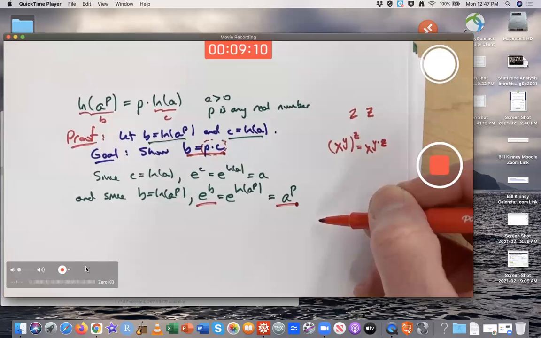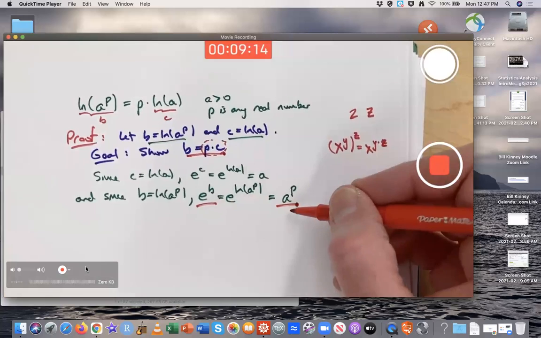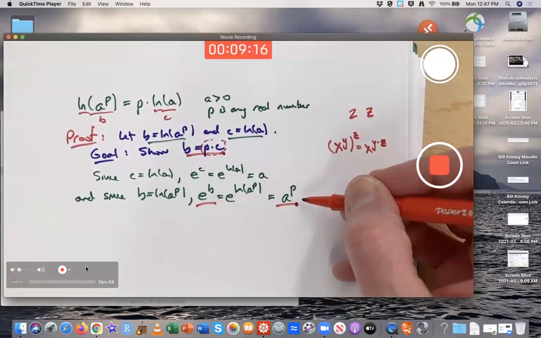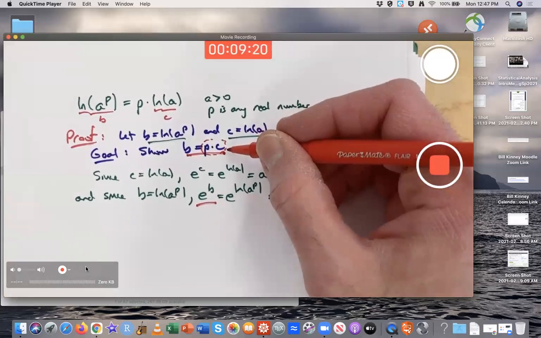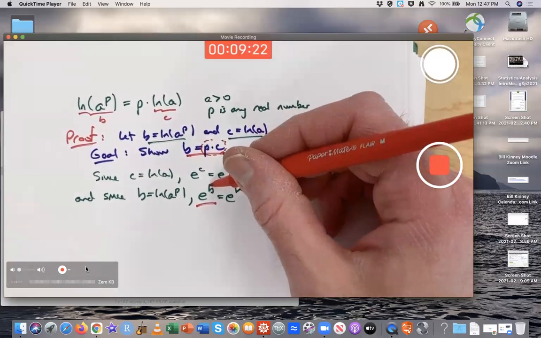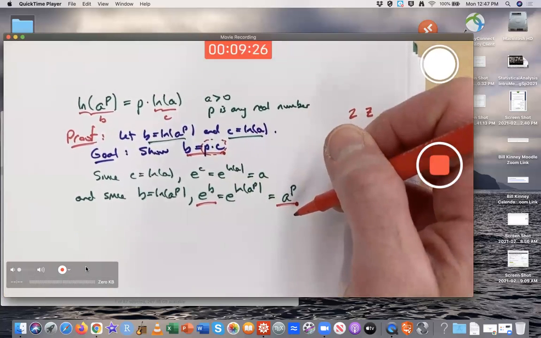I know e to the b equals a to the p. I'm trying to show b is p times c. If I replace the b with p times c and got the same thing, wouldn't that show that b equals p times c? The answer is yes, it does.